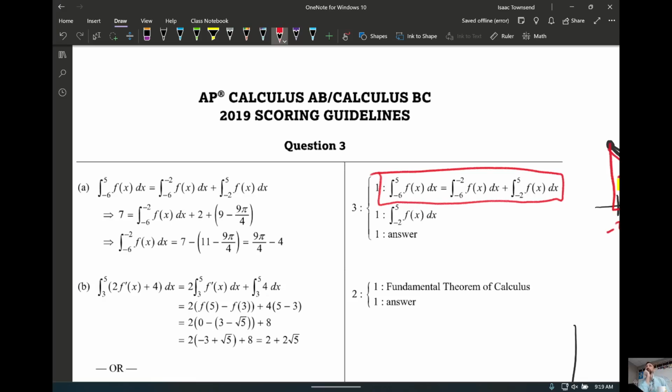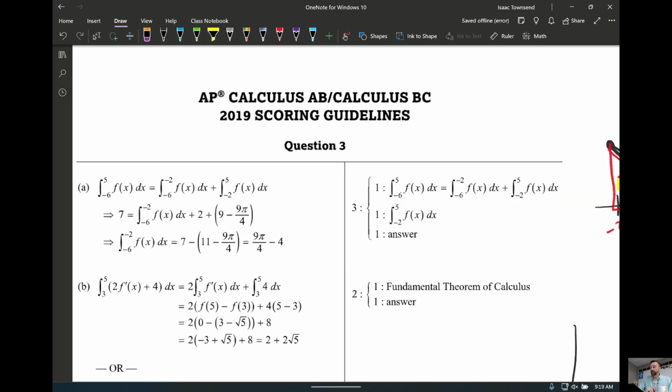So if you have something that shows you understand how those are the same, that's worth a point. Now if you only thought it and you didn't write it down, that's an easy fix for next time. Nothing is obvious, nothing is assumed, especially when it comes to calculus stuff.